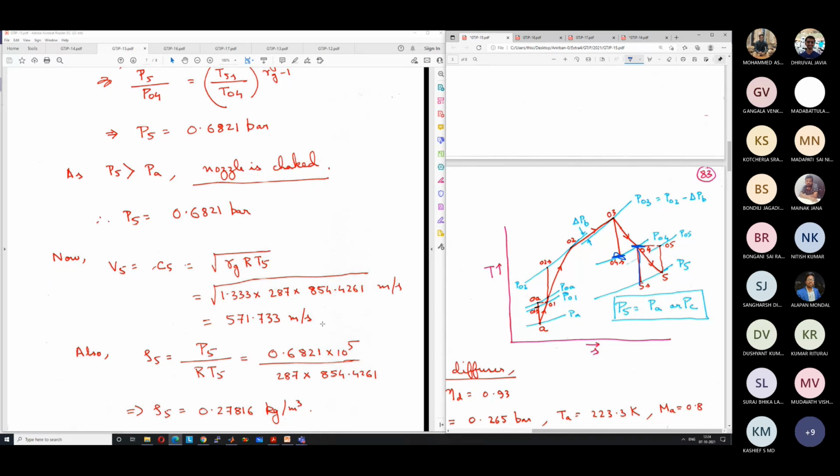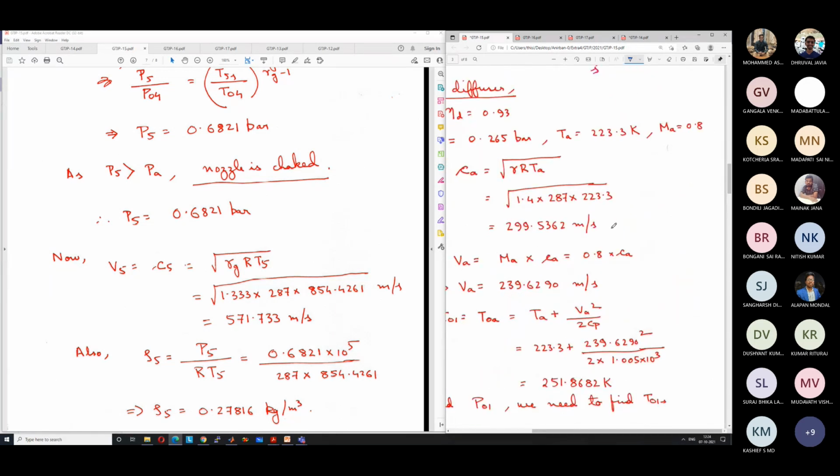Just one more thing you notice here. This is at choked condition, so sonic velocity. And the sonic velocity for the aircraft flight should be 299 meter per second. So even if the aircraft goes supersonic, say at Mach 1.2, with velocity around 300, Mach 1.2 means that the aircraft is flying at 360 meter per second.